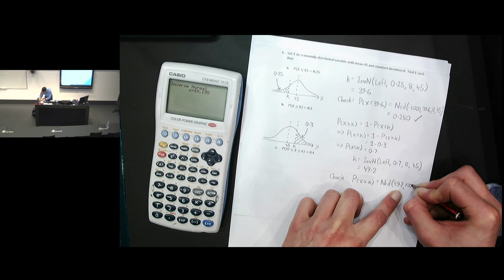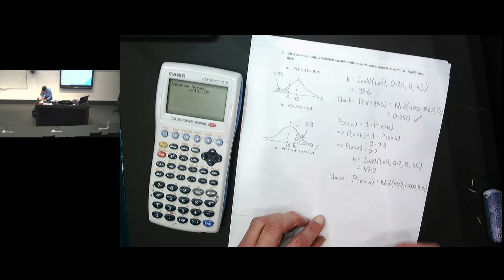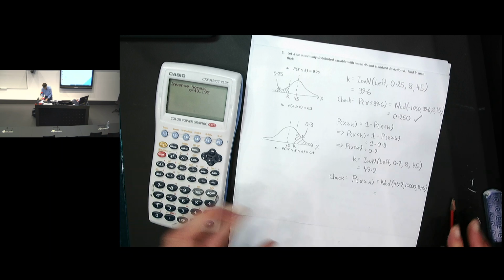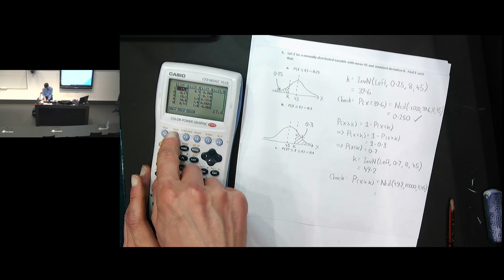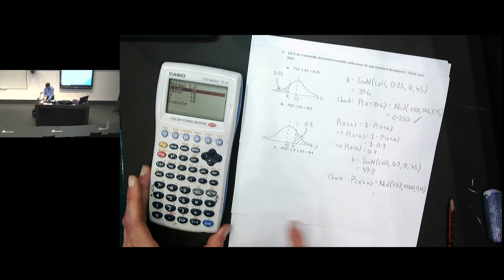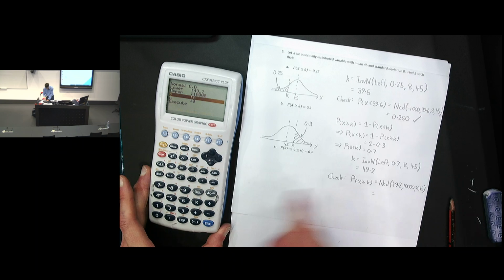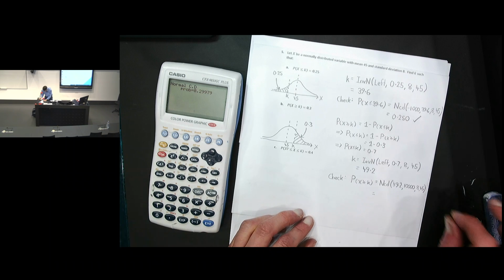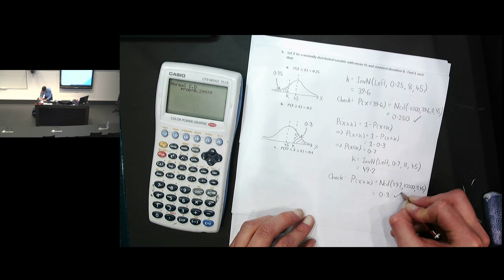Let's go 10,000. And then we'll have 8 and 45. Lower is 49.2. Upper is 10,000. Standard deviation is 8 and the mean is 45. So we get 0.3. So that is correct.